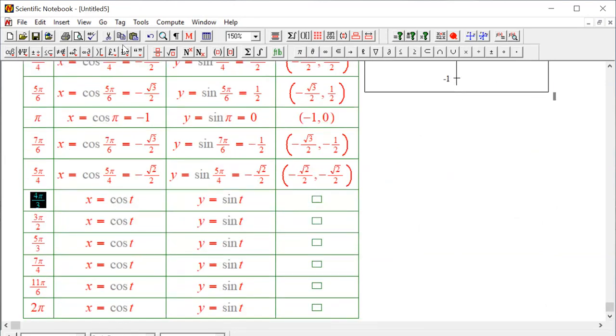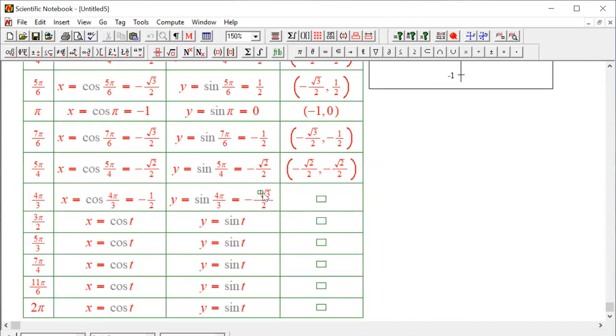And 4 pi over 3. Cosine 4 pi over 3 is going to be equal to -1/2, and sine is going to be equal to -√3 over 2.